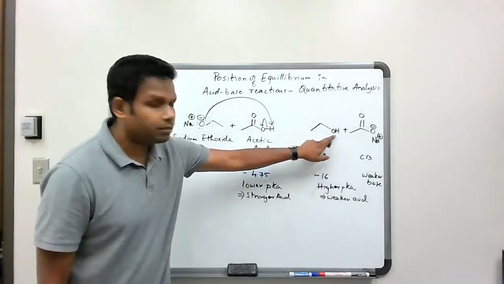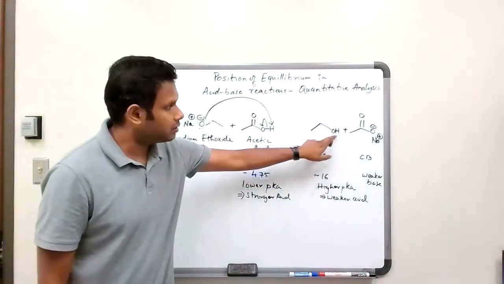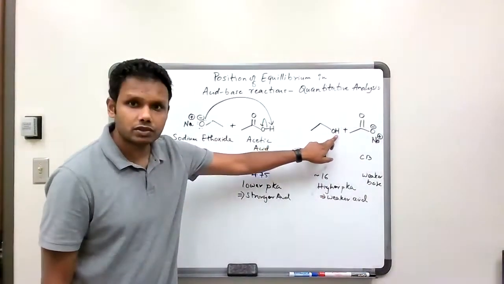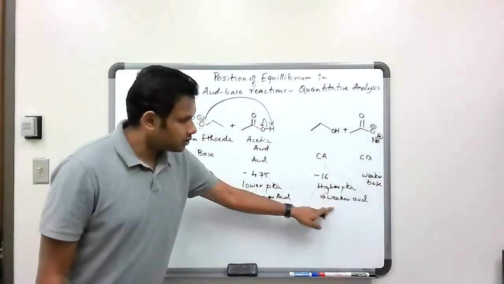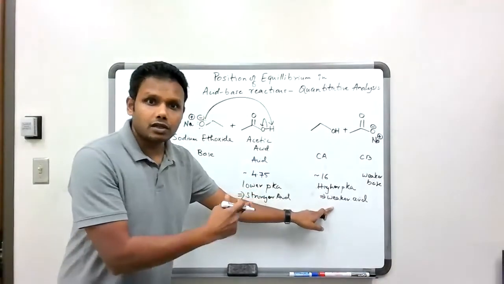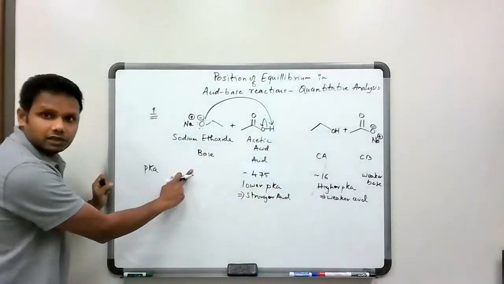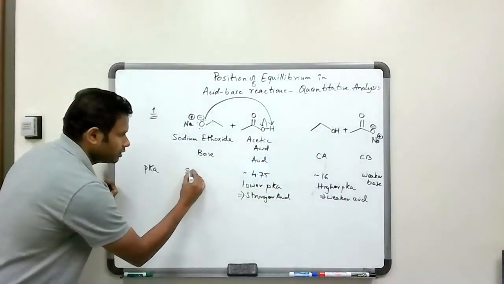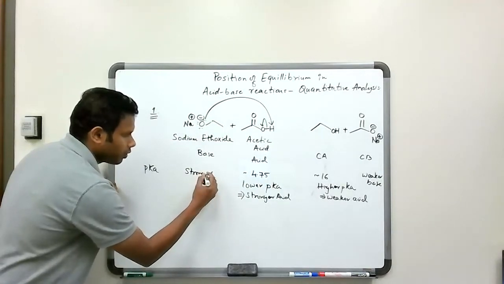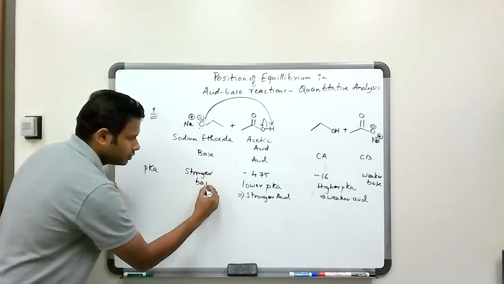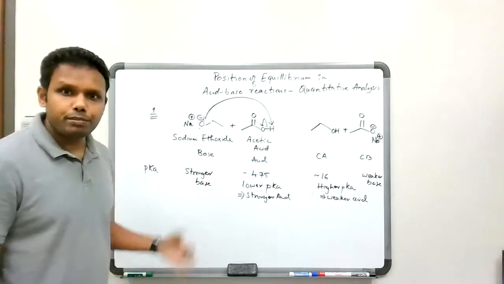Its conjugate base would be what is obtained by losing that proton, which is the molecule here. So, since this is a weaker acid, its conjugate base, which is this molecule here, would be a stronger base. Okay? These are all relative terms.